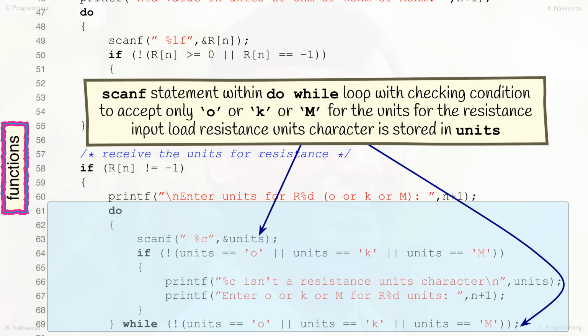The input load resistance units character is stored in the memory location of the character variable units.